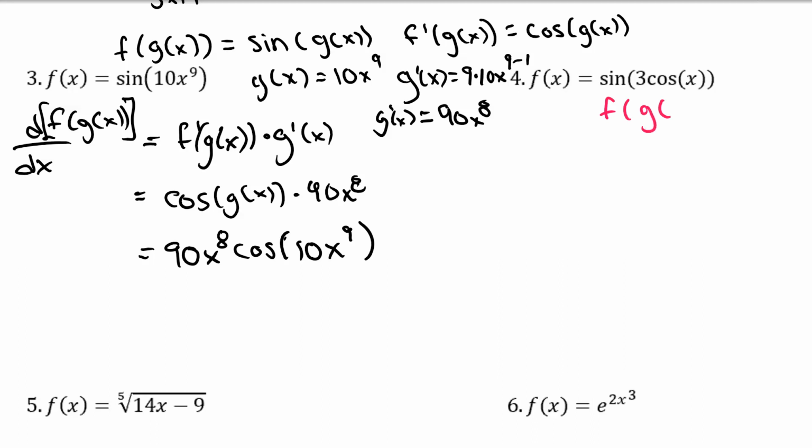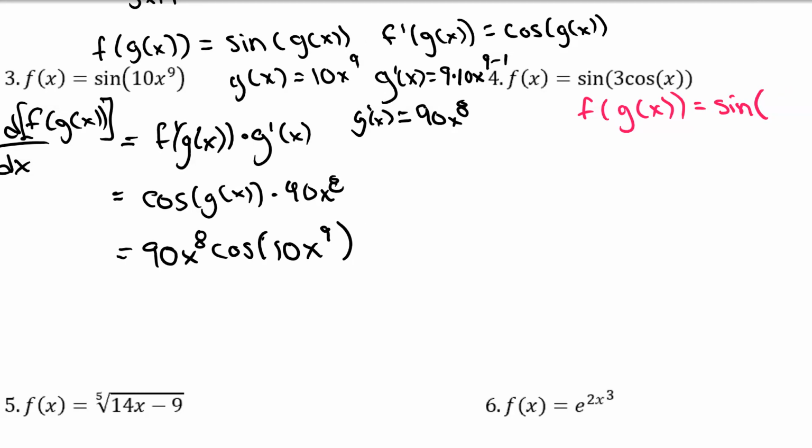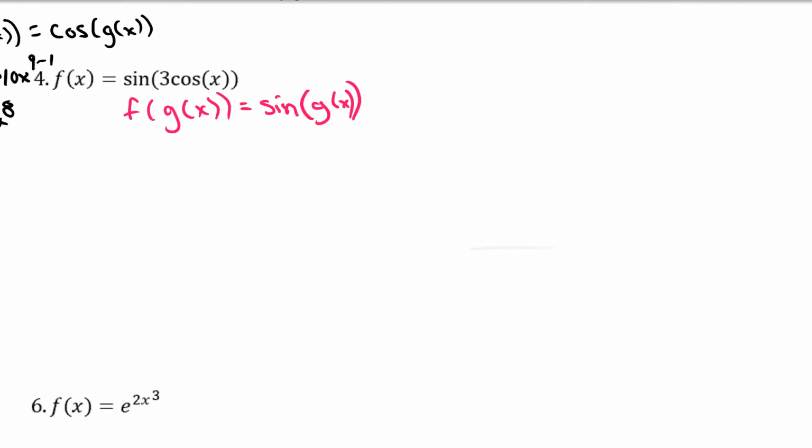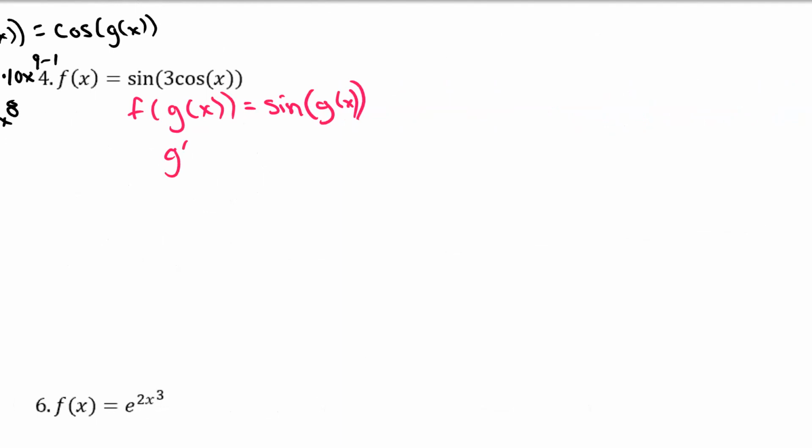We've got f of g of x here, which is going to be that sine with our inside function being the 3 cosine x, and our sine function. So we do the derivative of each.